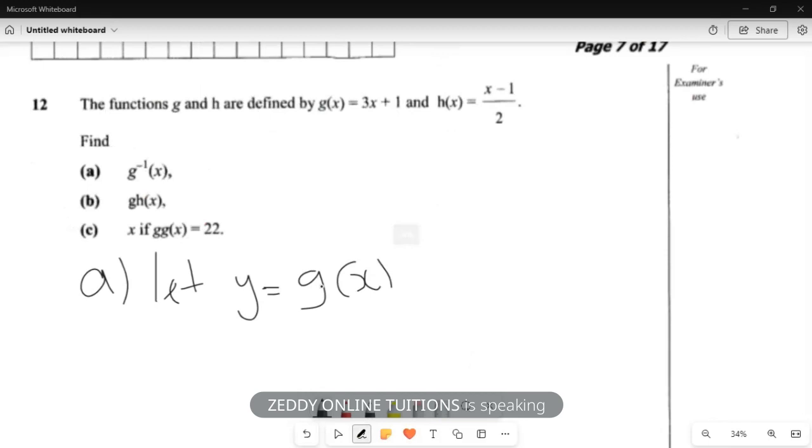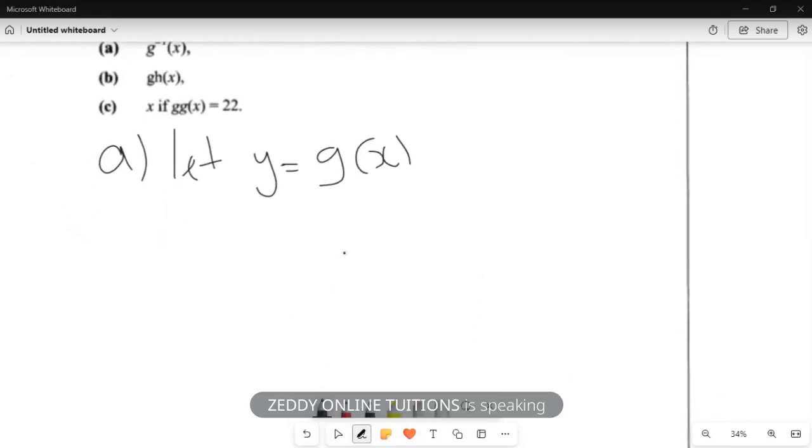By letting Y be G of X, it simply means that Y is going to be equal to that.